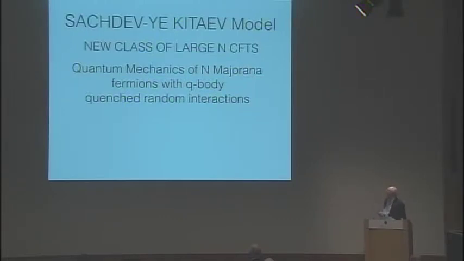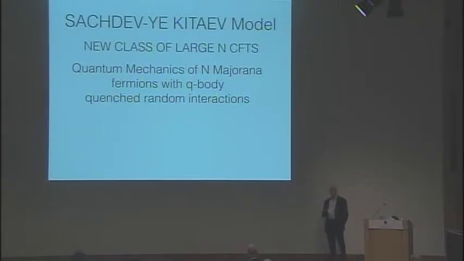And they are rather unusual from the point of view of the quantum field theories that we have been using traditionally in holography, since they, in this case, have no spatial degrees of freedom at all.